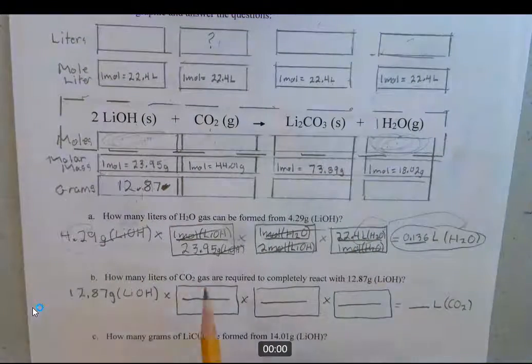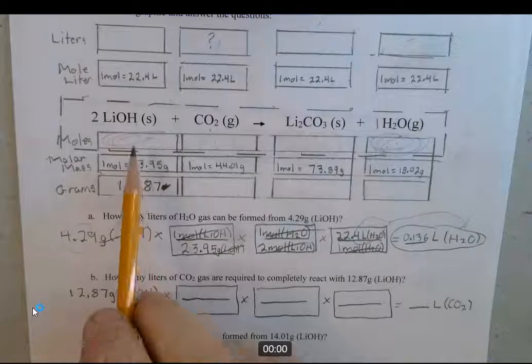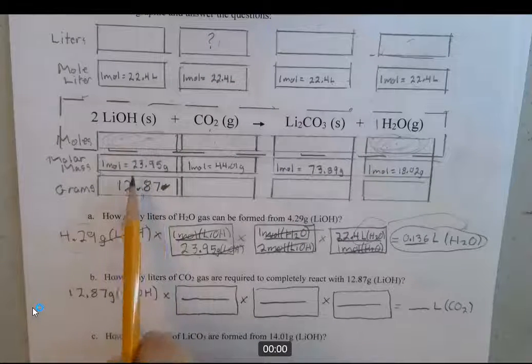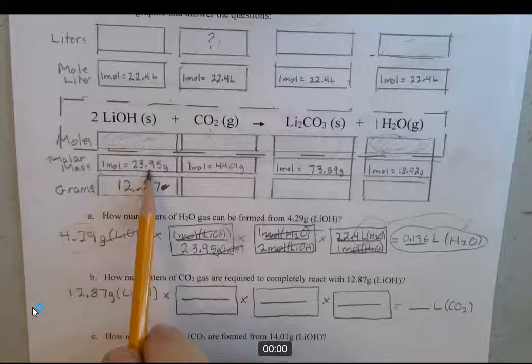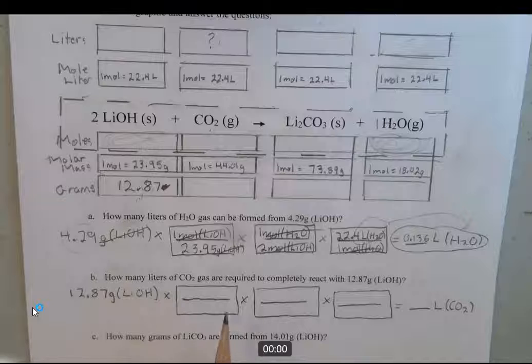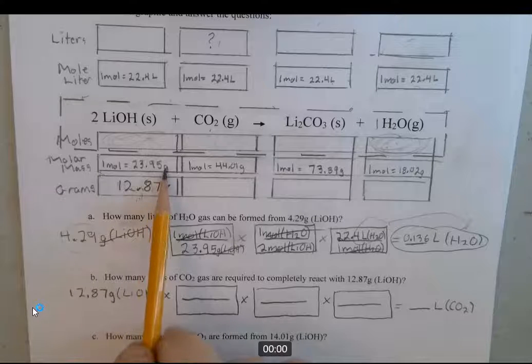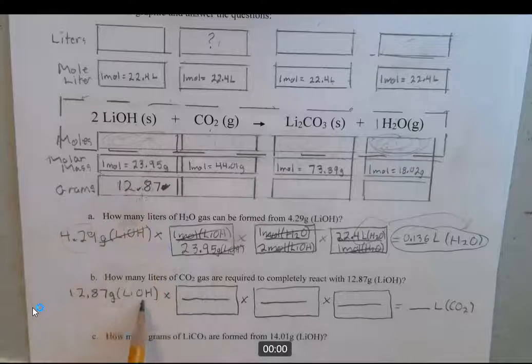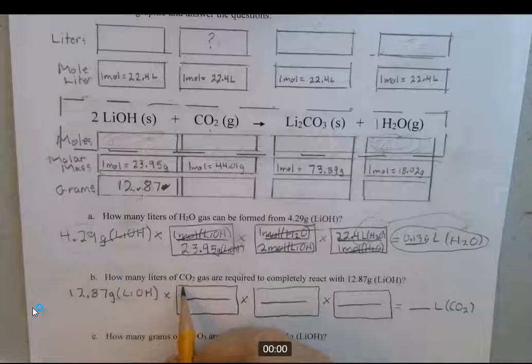All right, move up a little bit here. Okay, first we need molar mass to get into the equation here for LiOH. So you've got 1 mole over 23.95 or 23.95 over 1 mole. You need grams on the bottom here to cancel with grams of LiOH. So we're going to write it like this.